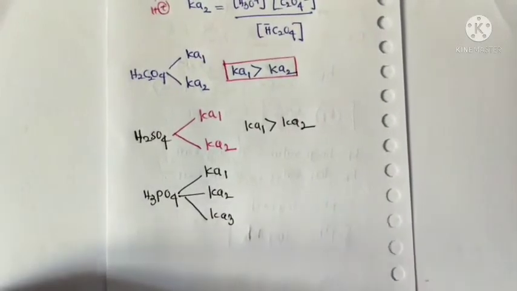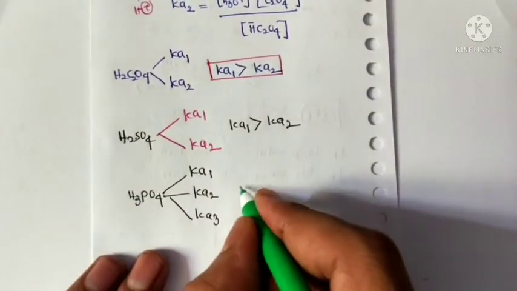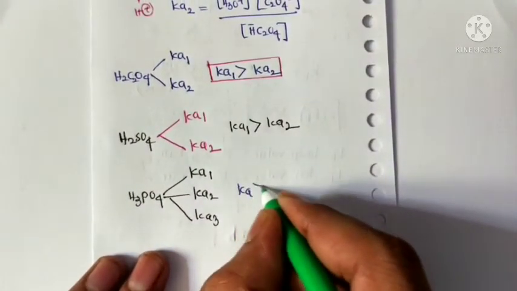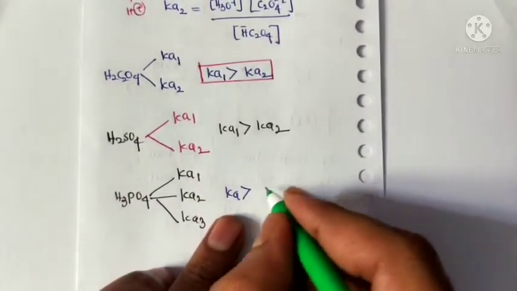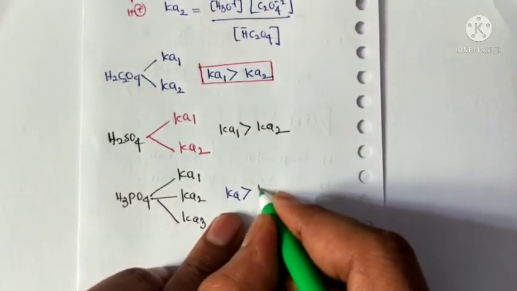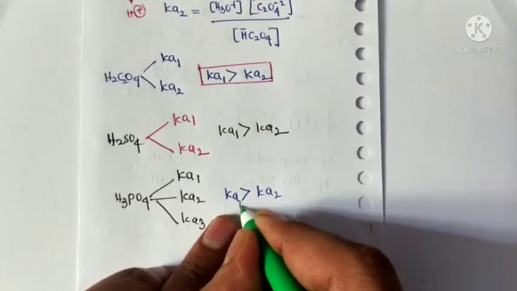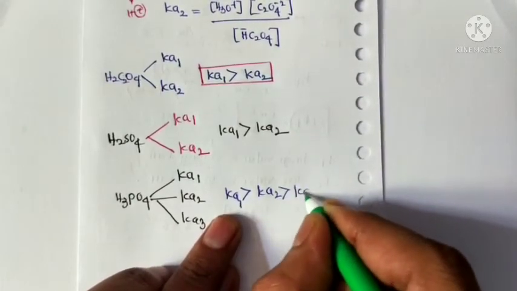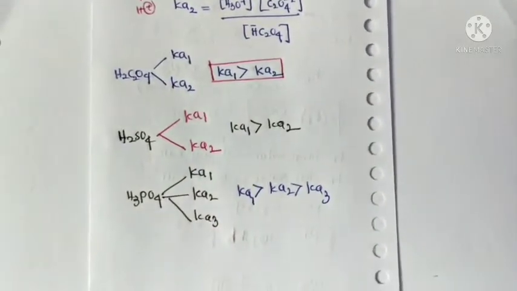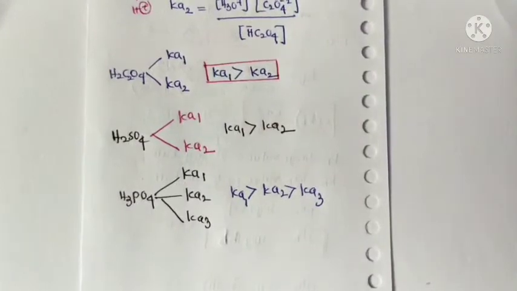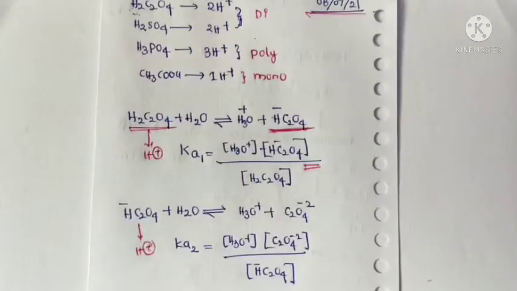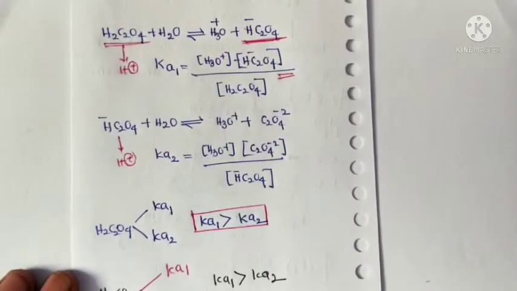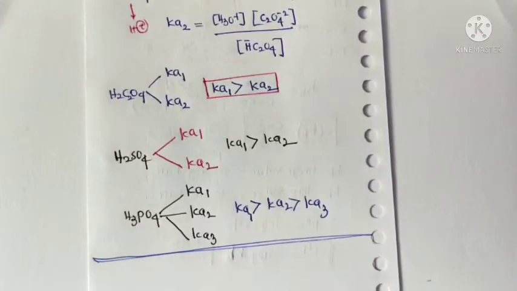Decreasing order here: Ka1 is greater than Ka2 and greater than Ka3. So this is the information about di and polybasic acids.